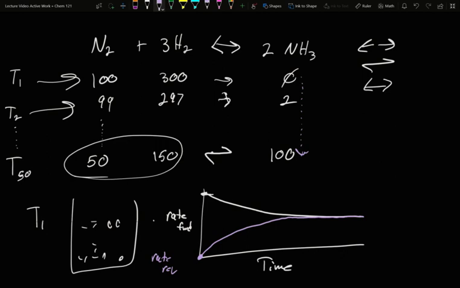They don't actually pass each other. Rates of forward and reverse reactions will have one of them decrease, one of them increase until they are equal. Way out here, and for the rest of the line here, they are the same speed. Our rate forward equals our rate reverse.